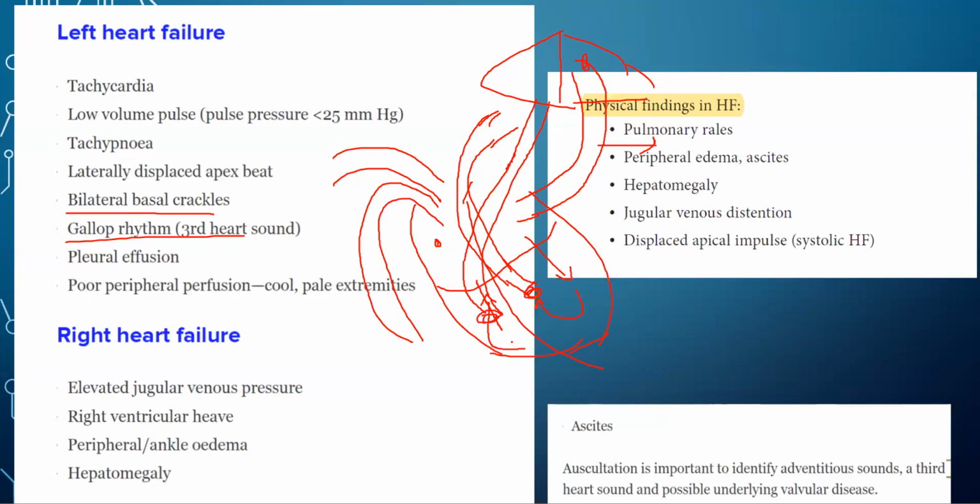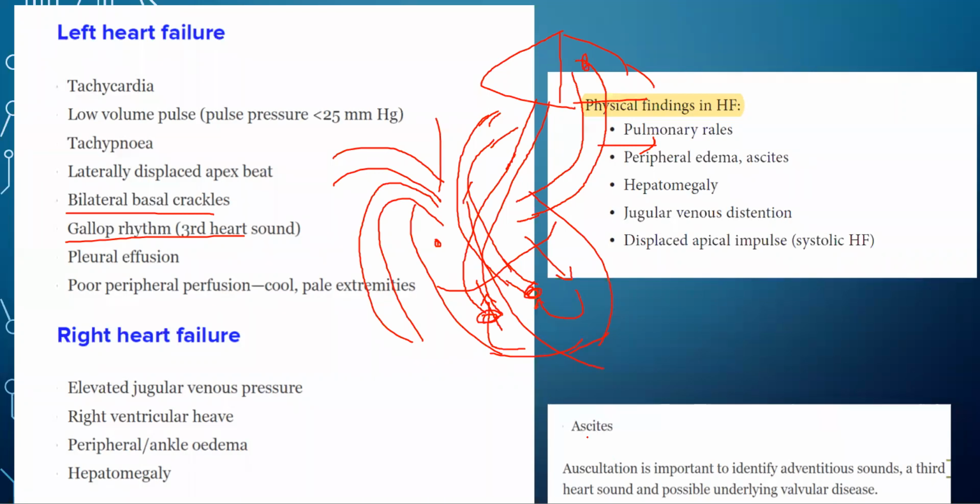And right heart failure means blood is collecting in the right ventricle, the right atrium, and then in all the vena cavas. That's the time you get raised JVP. And due to congestion in the rest of the body, you will get hepatomegaly, ascites, and bilateral pitting edema in the leg.